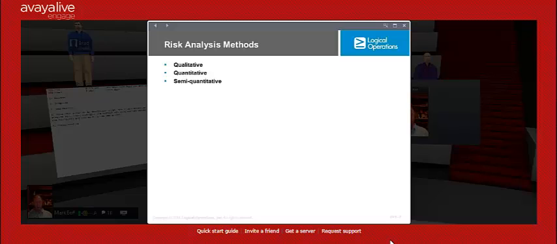I'm seeing these things on eBay for 5 times more money, so I'm going to modify my risk analysis to make this asset more correct in terms of valuation. So again, I'm belaboring this point. It's super easy. Quantitative, numbers; qualitative, judgment; semi-quantitative, somewhere in the middle.